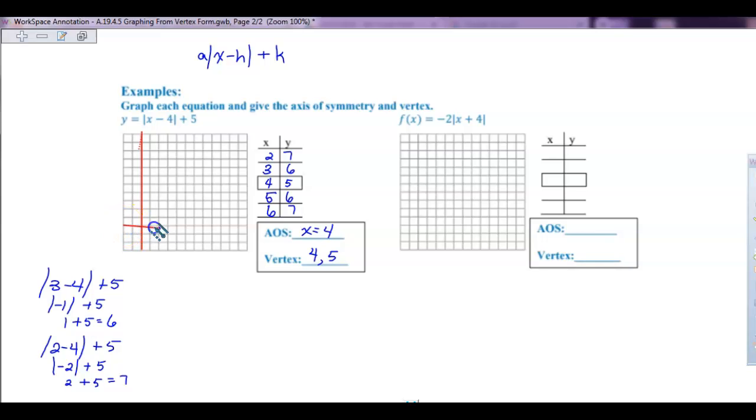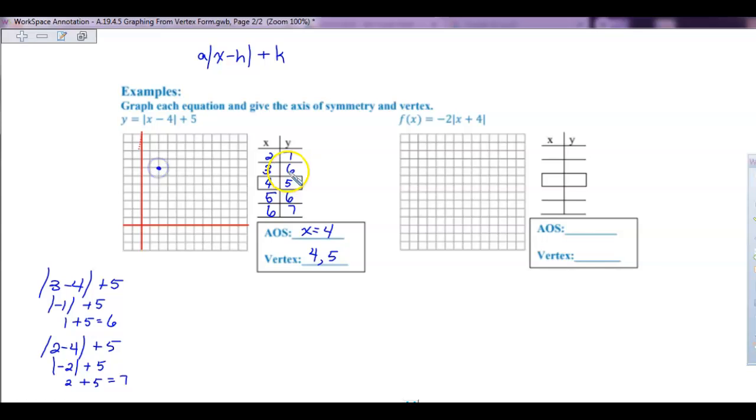So I'm going to create a graph where basically all I need is the first quadrant. So when I take a look at this, I'm going to count them by ones. So 1, 2, up to 7.